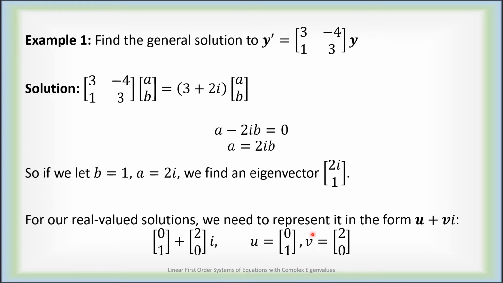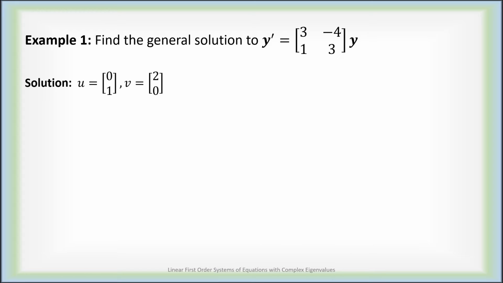Now that we have a complex eigenvalue, 3 plus 2i, so alpha is 3 and beta is 2, and we have u plus vi, where u is the column 0, 1, and v is the column 2, 0, we have a formula that we can just refer to to generate our two solutions. So here were our two vectors.